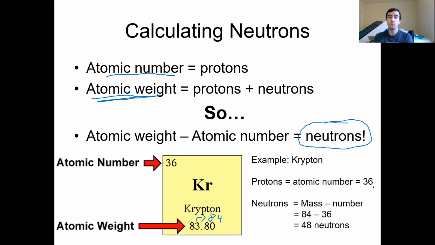So we want to figure out how many protons that krypton has. That's easy. We can just take the atomic number, which is 36. So krypton has 36 protons.